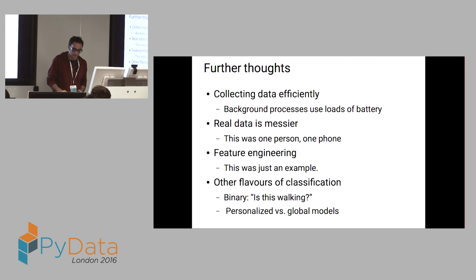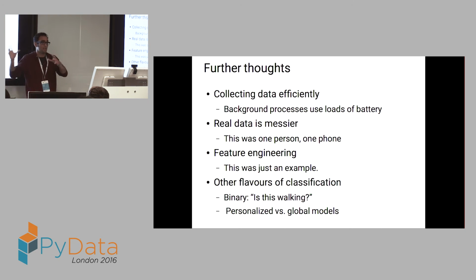And finally, again, as a consequence of being just one person, the data I showed you was trained on me and then tested on me. And in practice, there are some images online of famous tech companies that strap phones to their employees and ask them to perform activities like cycle and walk.